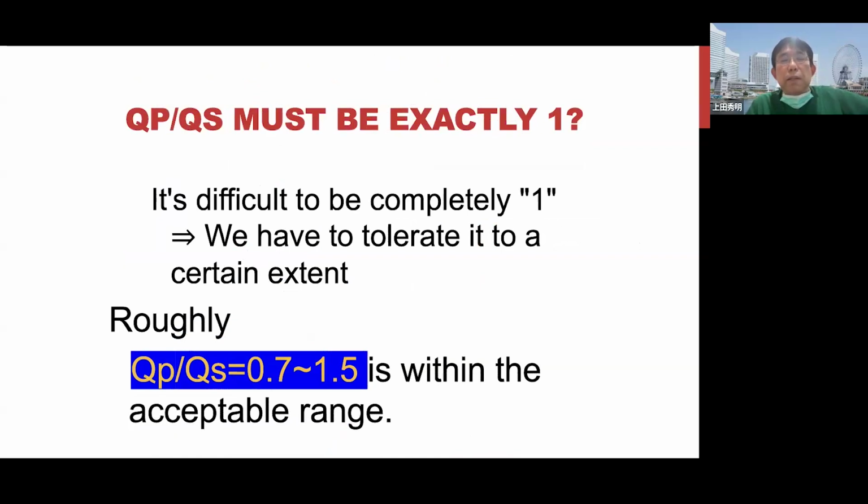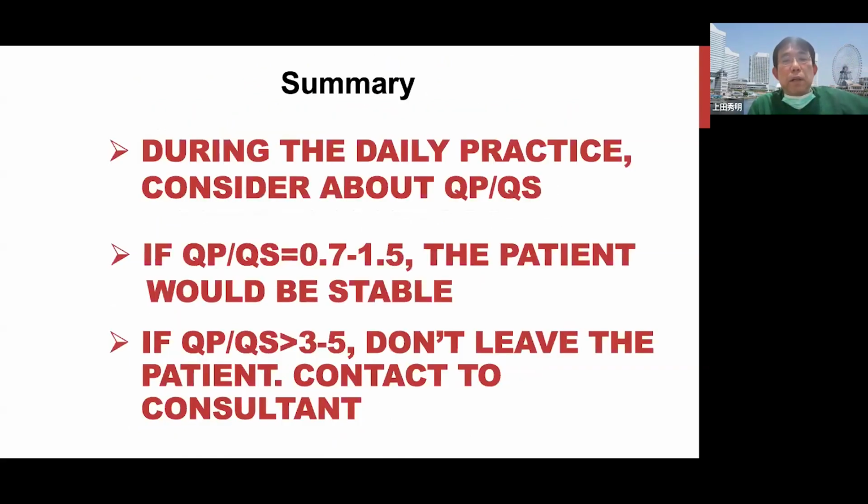QpQS is difficult to determine exactly, so we have to control it to a certain extent. Referring to our experience, a QpQS of around 0.7 to 1.5 is within the acceptable range. This is our target. So in summary, during daily practice, always considering the QpQS is very important.